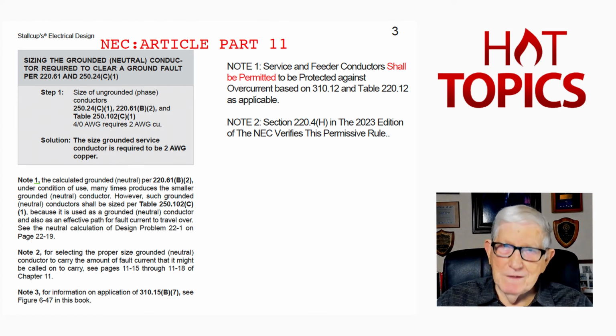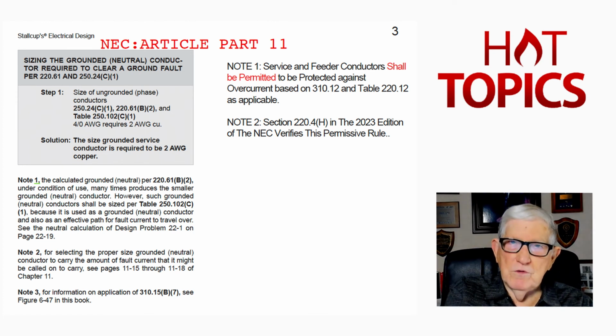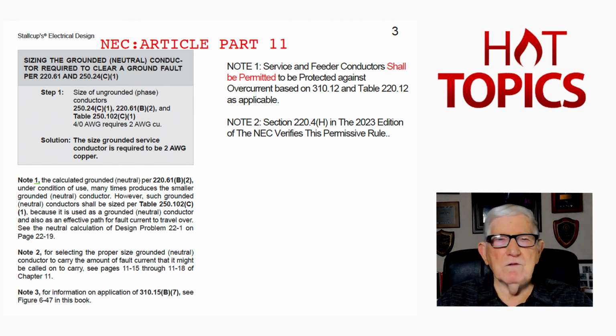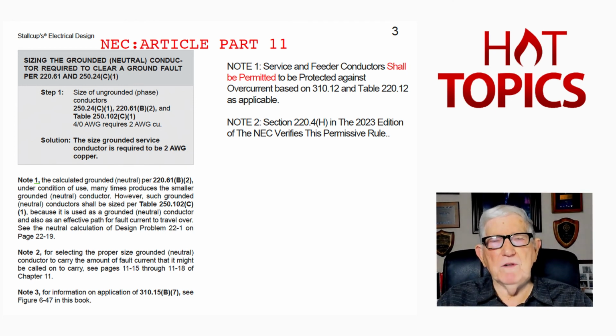Will they still let the old concept rule stand, or will they say, no, you've got to protect those conductors based upon it? And notice, if you remember, in the optional calculation, we come up with 163 amps, which would be a 2 alt. But you could use a 1 alt by your table 310.12. And that makes a big difference.